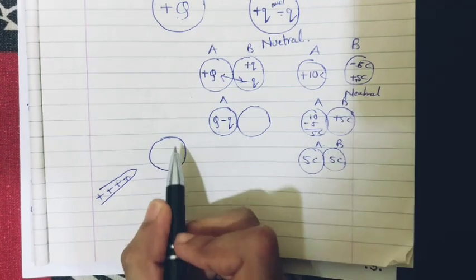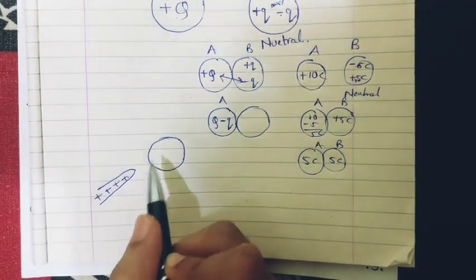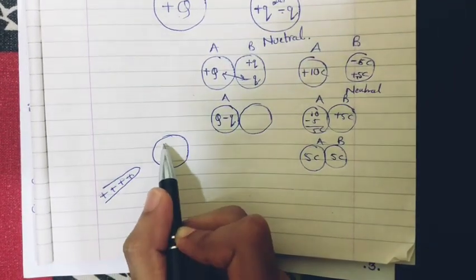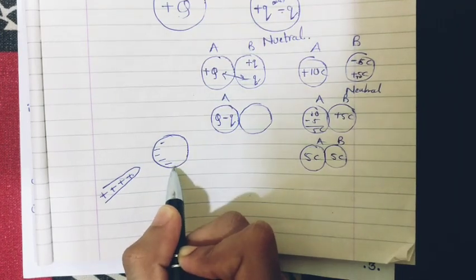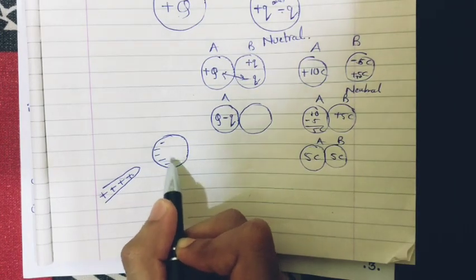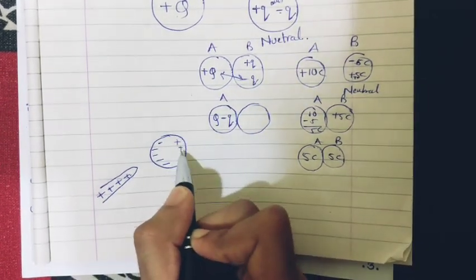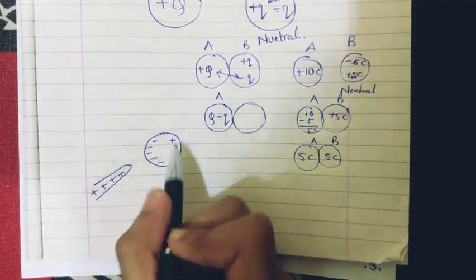All the electrons present in the sphere will get attracted to the positive charges on the glass rod and quickly accumulate on the nearer side of the sphere. Since the positive charges get repelled by the positively charged glass rod, they accumulate on the farther surface of the sphere. So this is nothing but charging by induction.